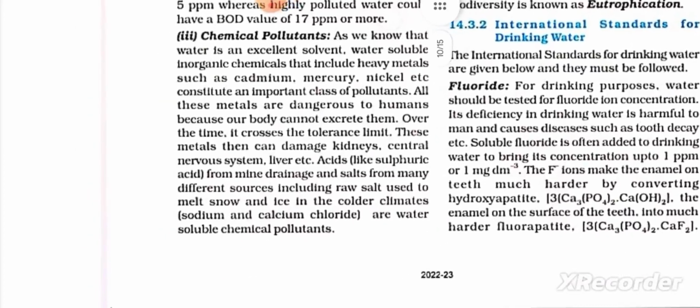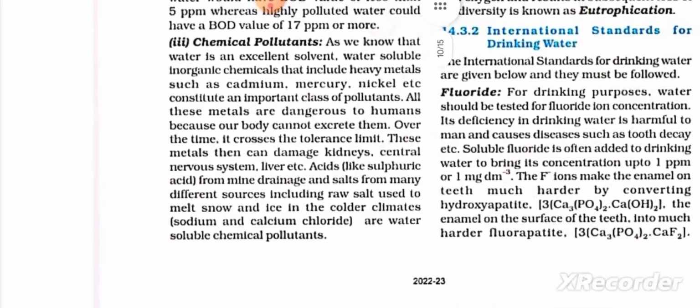Third is chemical pollutants. As we all know, water is an excellent solvent. Water-soluble inorganic chemicals that include heavy metals such as cadmium, mercury, nickel, etc. constitute an important class of pollutants. All these metals are dangerous to humans because our body cannot excrete them.